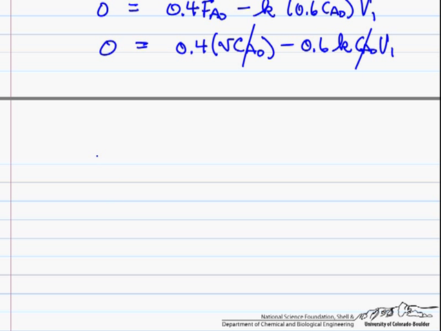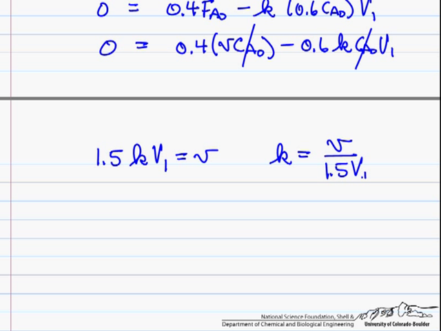So we end up with 1.5 times k times volume of reactor 1 is equal to the volumetric flow rate. Or k is equal to the volumetric flow rate over 1.5 times the volume of reactor 1.